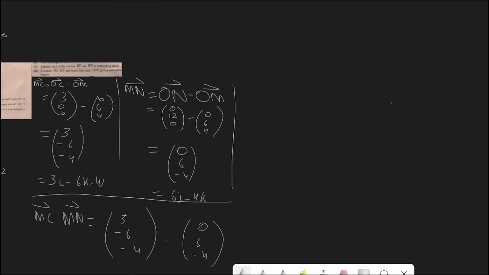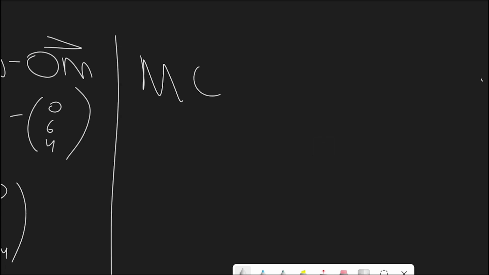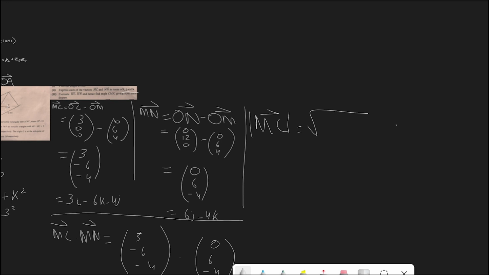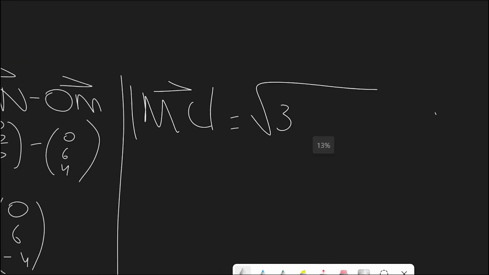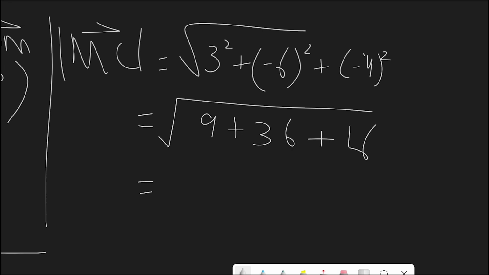So for MC, it would be the square root of 3 squared plus minus 6 squared plus minus 4 squared. So it would be the square root of 9 plus 36 plus 16, that is 61, so square root 61.